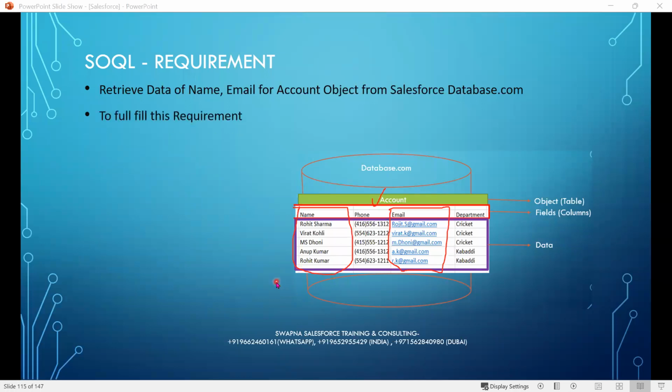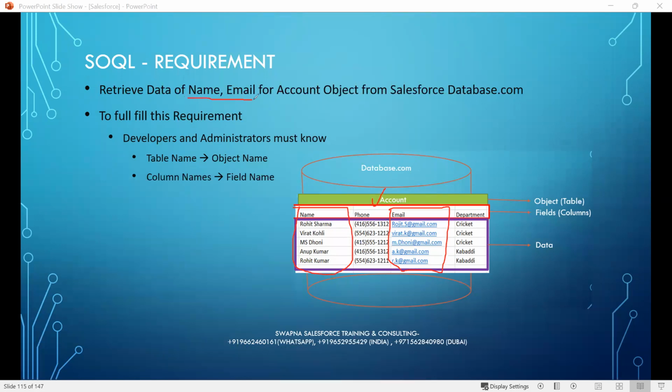But to fulfill the requirement, whenever we are writing the SOQL query, the developer and administrator must know which table, that means which object. That is the first one. And the second one is the column names, fields. Here we have clarity on the fields and on the object. Fields are name and email. Object is account.